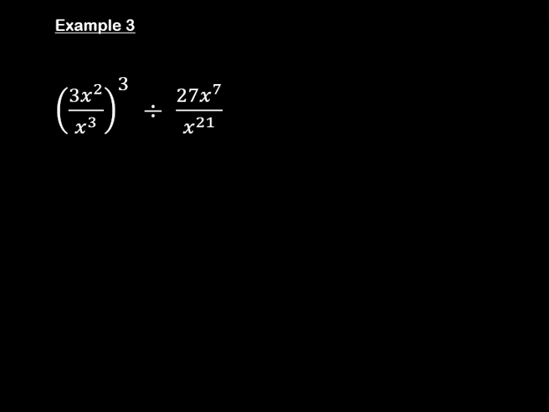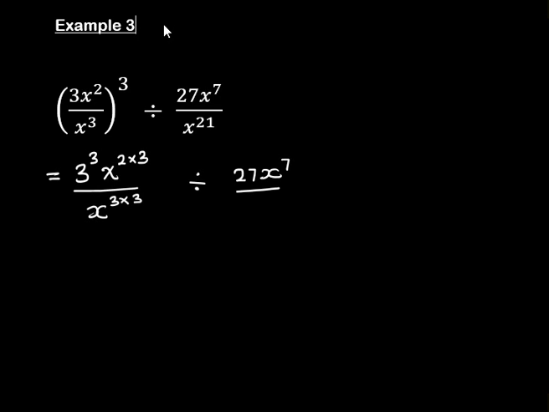Let us move on with example 3. So we get 3 cubed x squared times 3 out of x cubed times 3. So we divide it by 27 x to the power of 7 divided by x to the power of 21.